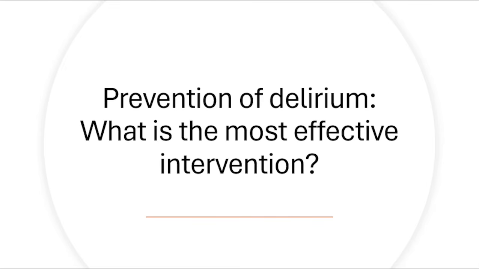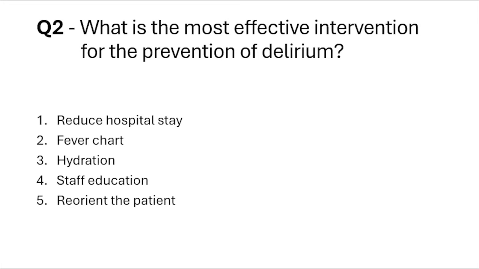Right. The prevention of delirium. So delirium management and prevention are not rocket science. Very simple things we can do. We can save many lives, right? Prevention of delirium. Out of these things, what is the most important thing to prevent delirium?